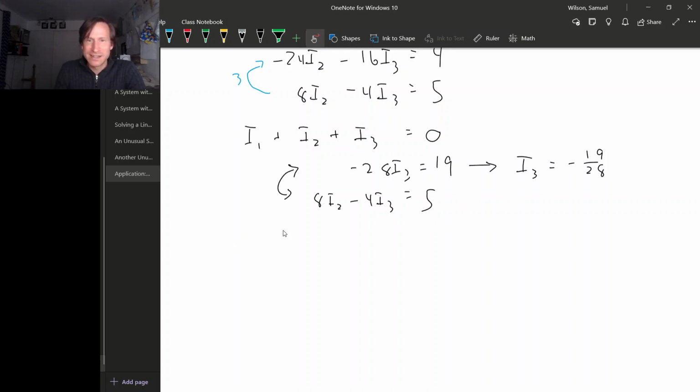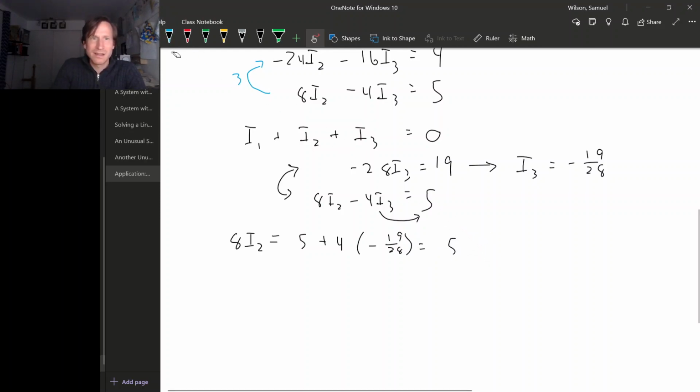So 8I2 minus, well, let's just move this 4I3 to the other side. So 8I2 equals 5 plus 4 times I3, which is minus 19 over 28. So that's 5 plus, sorry, minus 40, 76. Oh, I needn't have done that.